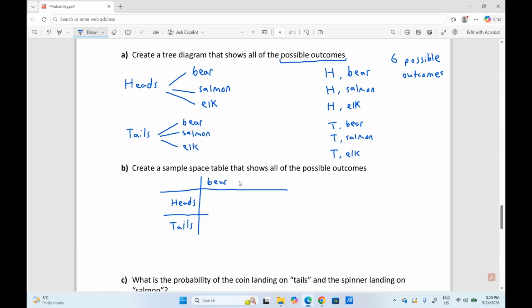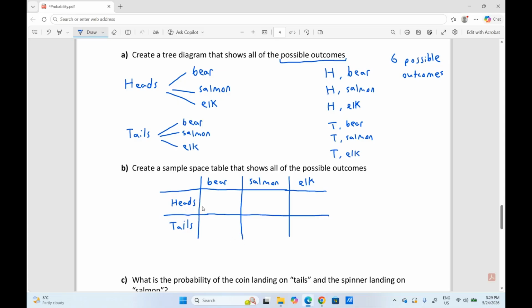So I'm going to get bear. Then I'll end up getting salmon. Or I end up getting elk.